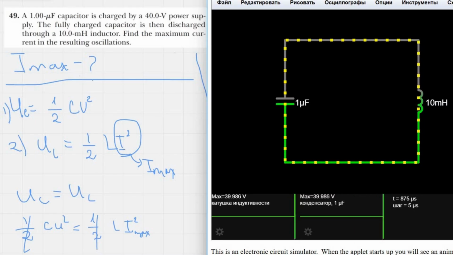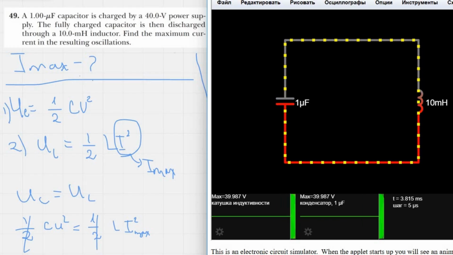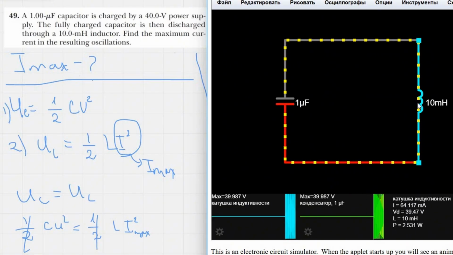This is how the current flows through the circuit. Here is the graph, as you see. Maybe if I decrease its speed... no, let's see the maximum current. Let me slow it down, maybe then we will see.